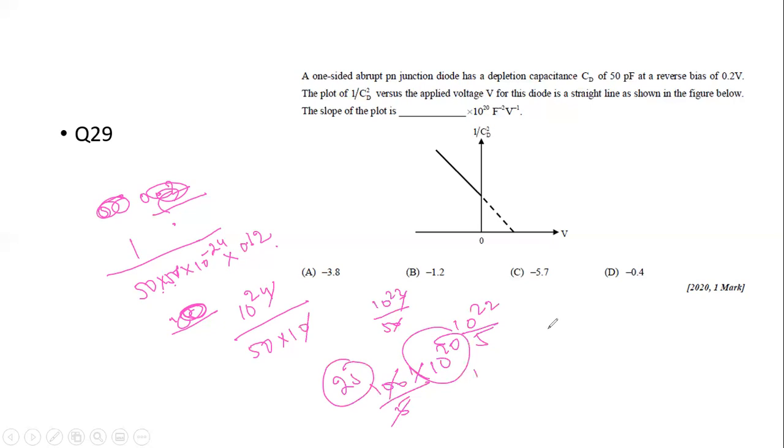Okay, so 25 into 10 to the power 20 at the reverse potentials, one-sided p-n junctions. So what's going to be the plot? Yes, this region.